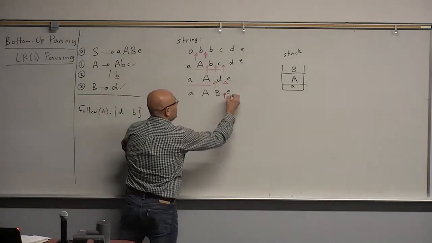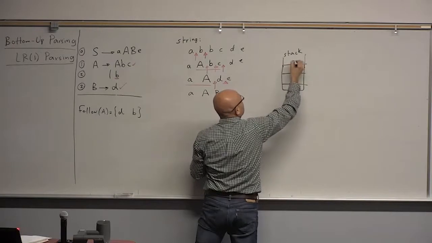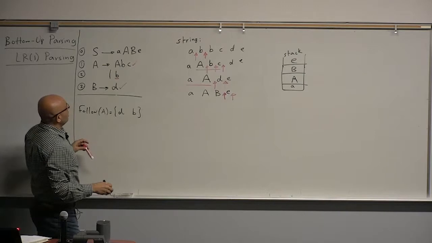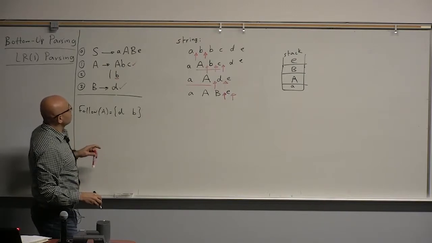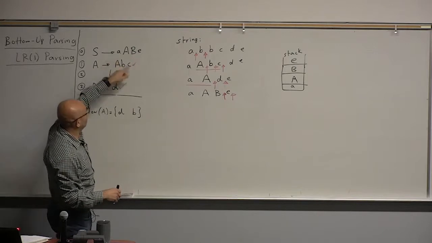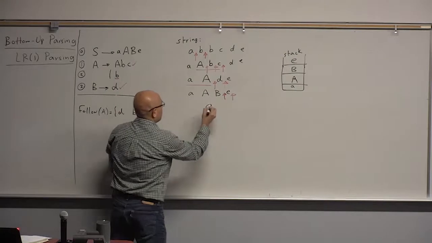And now I have the E on the stack. So E is on the top of the stack. Do I have a rule that ends with E? Yes, we have this rule. So this rule tells me that I can reduce this whole thing to an S. So now I have an S.